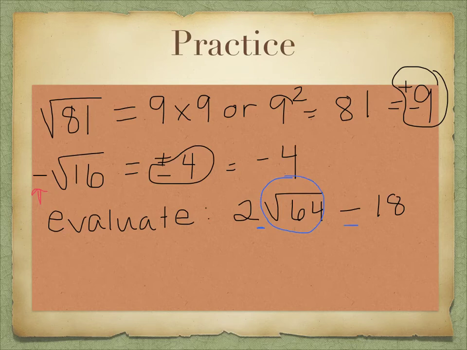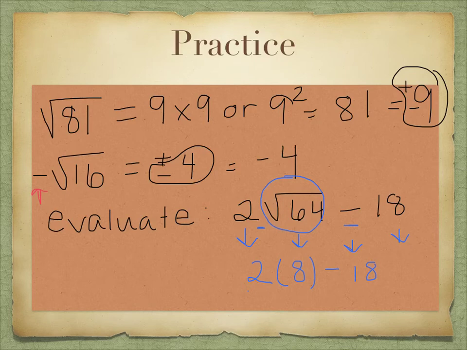So we're going to start by finding the square root of 64. The square root of 64 is 8. And then we're going to bring down everything else to write our new equation. So we have 2 times 8 minus 18.